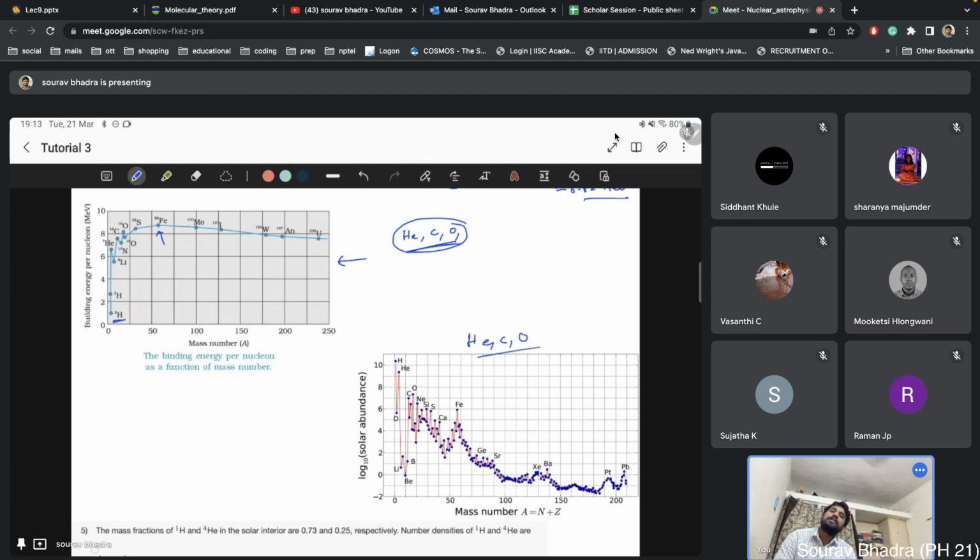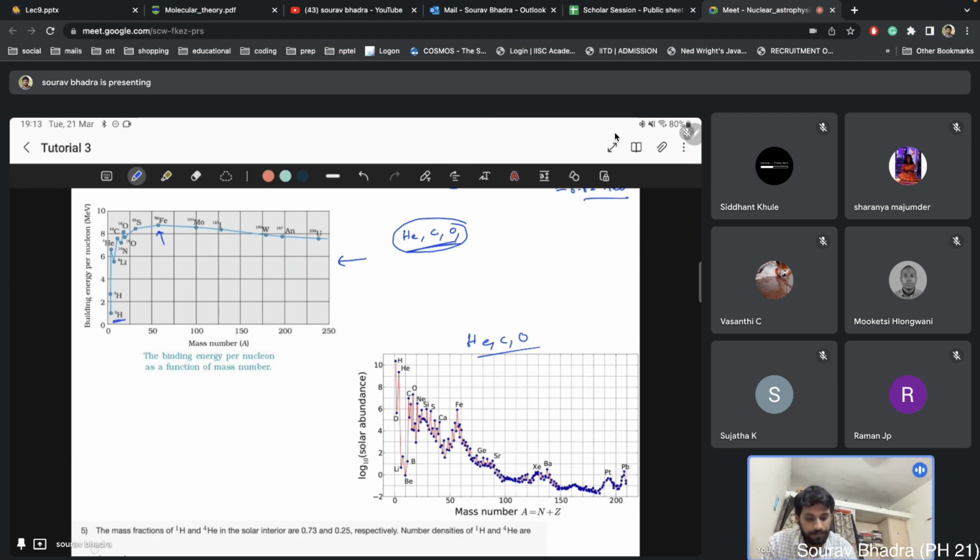That means binding energy is playing an important role in the cosmic abundances also. If an element is formed in space or in the solar system which has a higher binding energy, that will be stable, so the abundance of that element will also be higher.